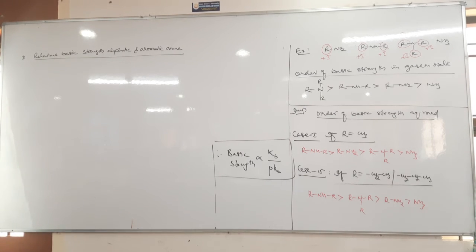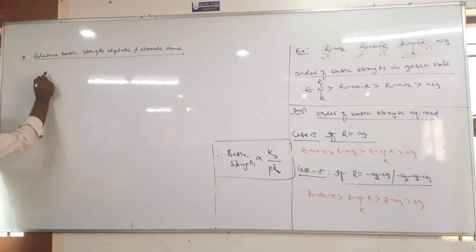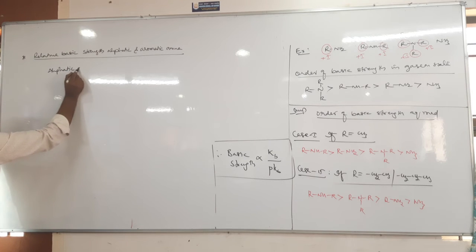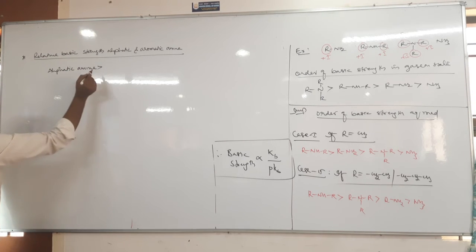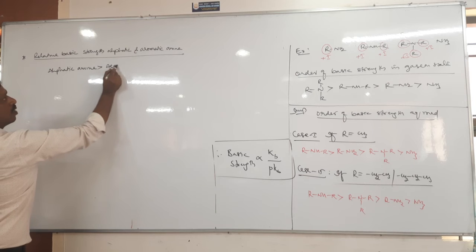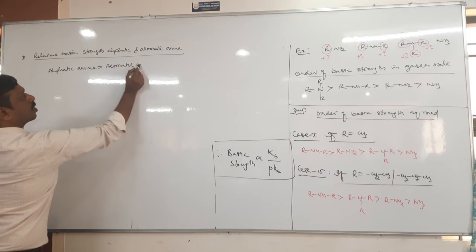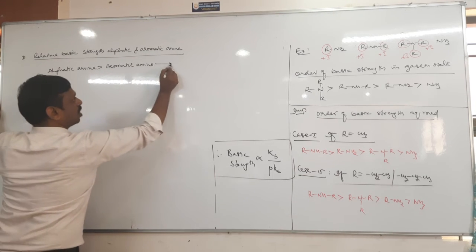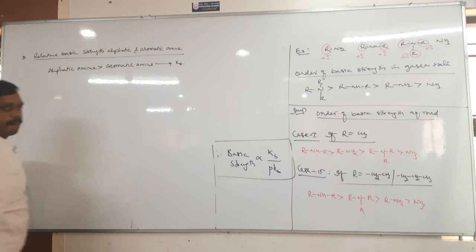That means, among aliphatic and aromatic amines, which are more basic and why? Aliphatic amines are more basic than aromatic amines. This is the Kb order.